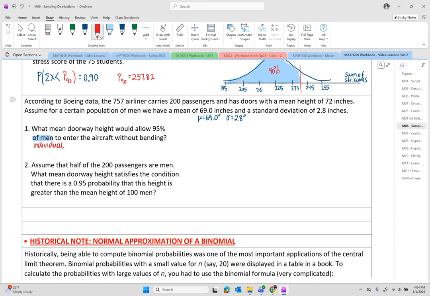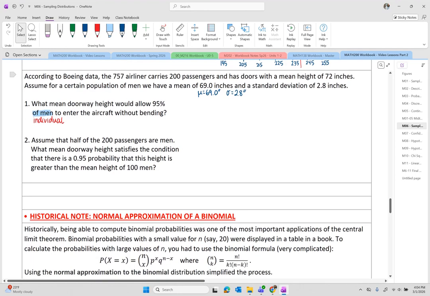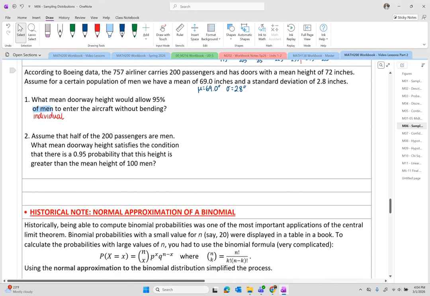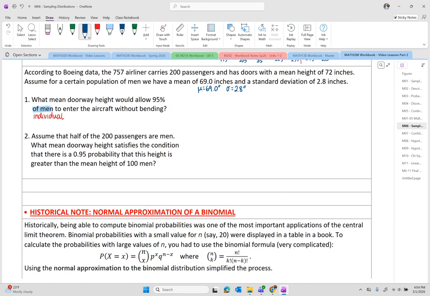Usually heights of men for populations are normally distributed. We don't expect heights to have some kind of uniform distribution or any other kind of distribution since it's a natural phenomenon. So here we will assume that the individuals also follow a normal distribution with a mean of 69 and a standard deviation of 2.8, and we will sketch our curve here as a normal curve.